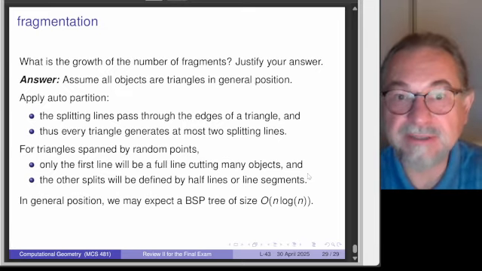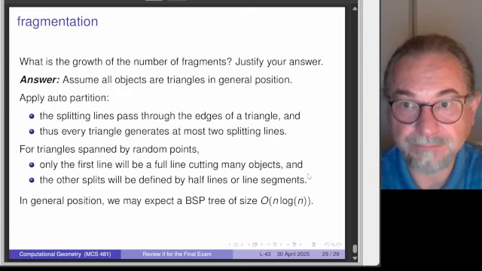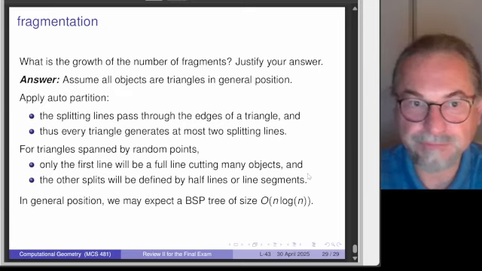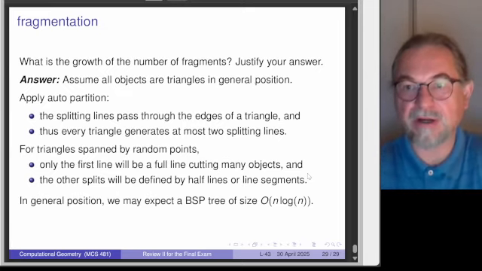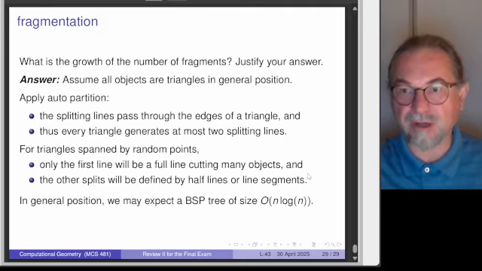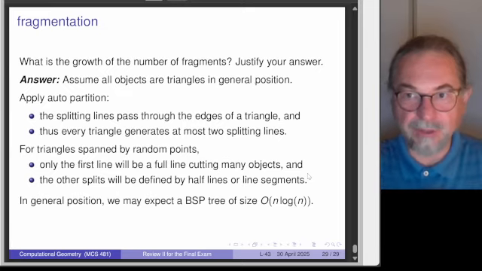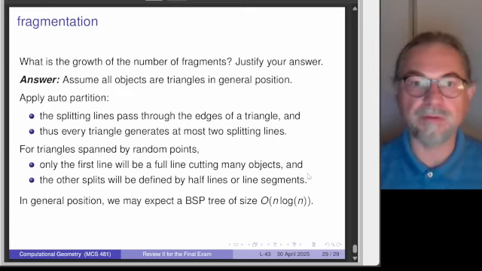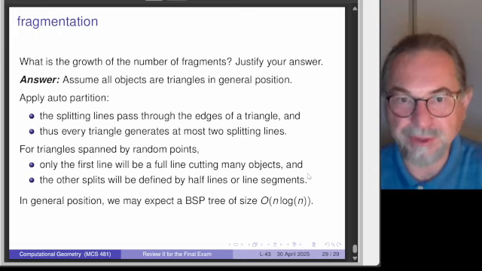Well, there is the auto partition. Also, we may assume that all the triangles are in general position. So when we are intersecting a set of triangles with a line, it's not that we will hit all the triangles and then fragment all of them. No, we will apply auto partition.